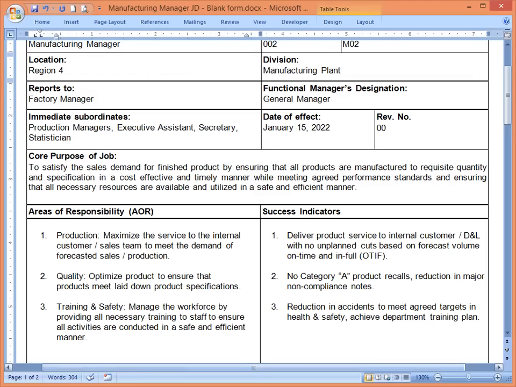And there are two factors in the readiness level of employee: motivation, willingness to do the job, and the second one is the ability to do the job. So when an employee has those factors, then we'll be able to achieve our SMART objectives, our effectiveness and efficiency.